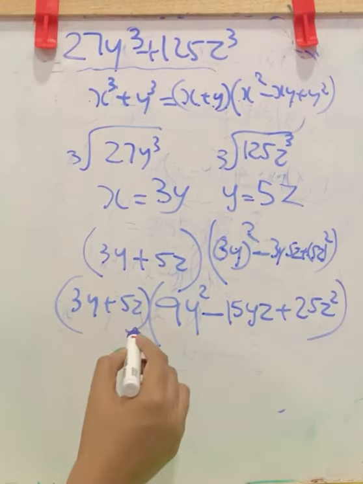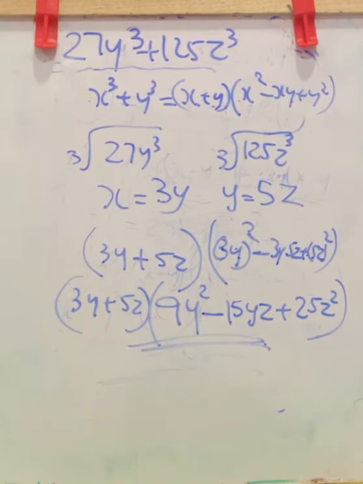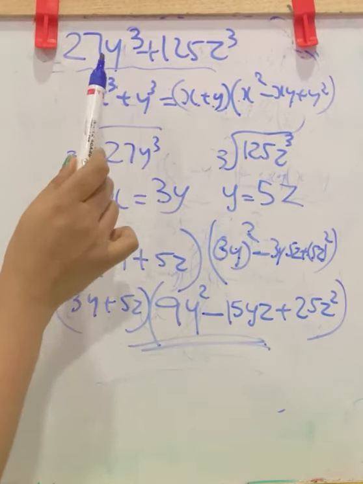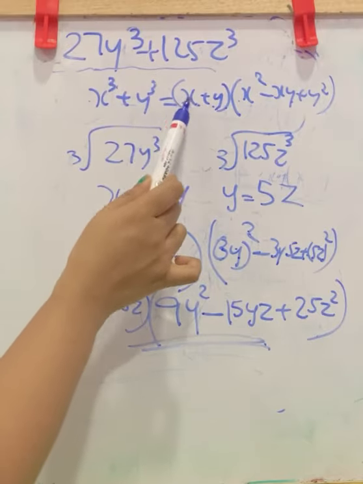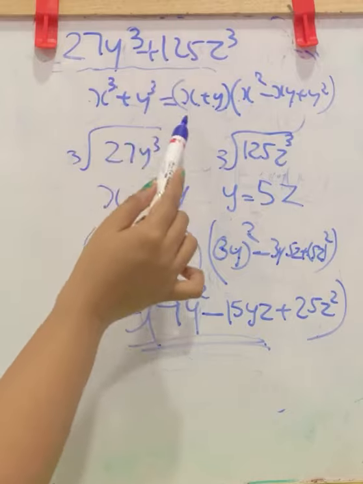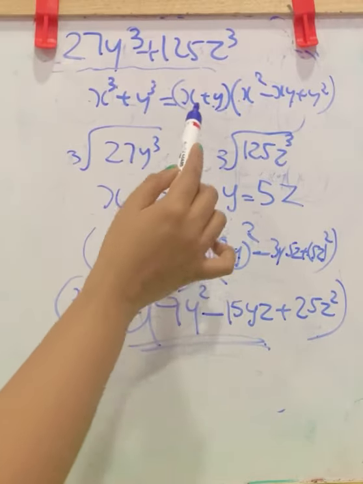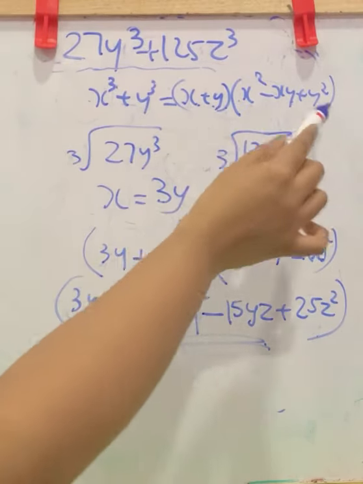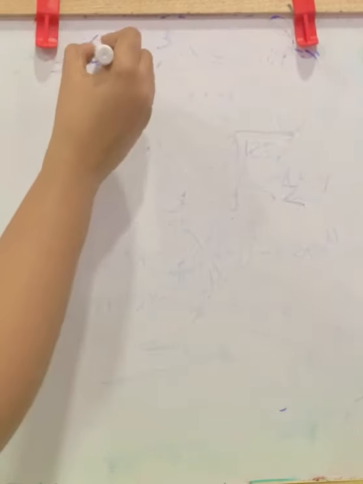Close the bracket. This is the answer. So if we get a question like this, you know x cube plus y cube is equal to this expansion. From the question you want to find the x and y, then apply in this expansion. You will get the result.